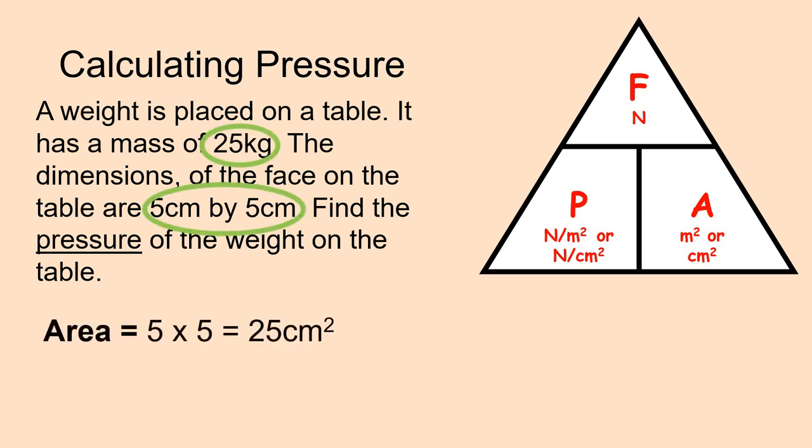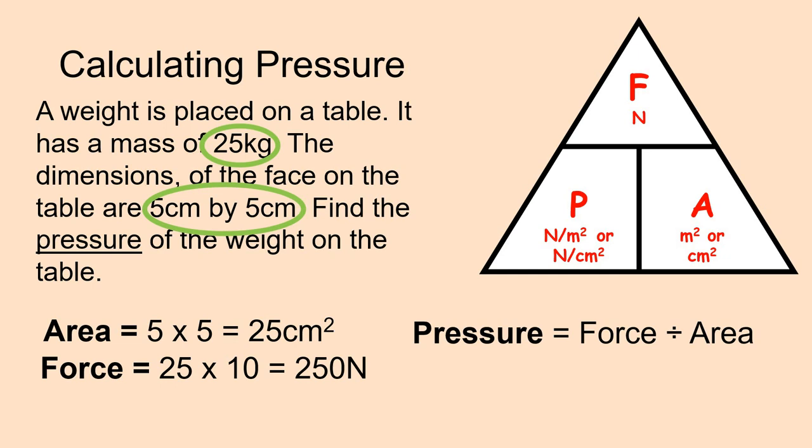So, to calculate the area, we do 5 times 5 to get 25 centimetres squared. To get the force, we do the mass times the Earth's gravitational field strength, so 25 times 10 to get 250 newtons. Now that we have both the force and the area, we can do pressure equals force divided by area.